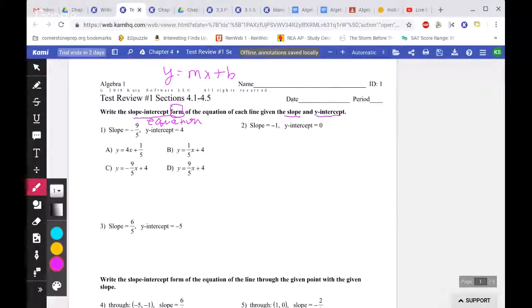So basically you're already given the slope and you're already given the intercept. All I want you to do is plug in the slope, which in this case is -1. You can either choose to write it, which I'm fine with, or if you don't want to write it, it would just be -x, or opposite of x. And then it says +0.